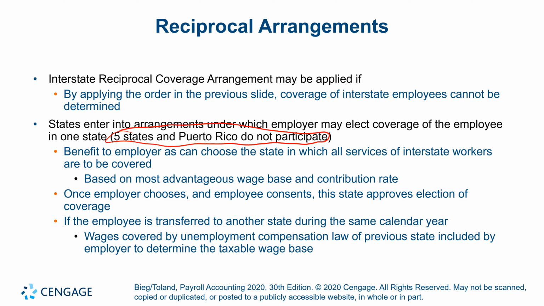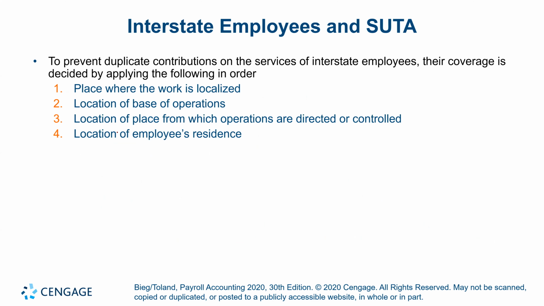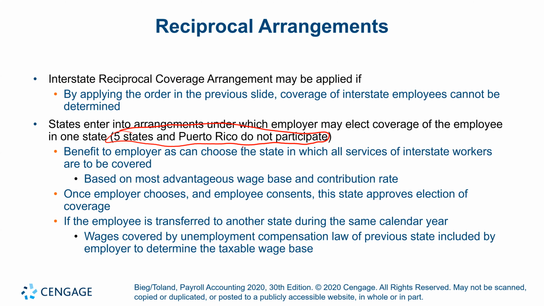So if they don't have a home office, or a good base of operations, or place from which operations are directed, or even a way to determine the employee's residence, which seems weird, they can sign one of these reciprocal coverage arrangements.